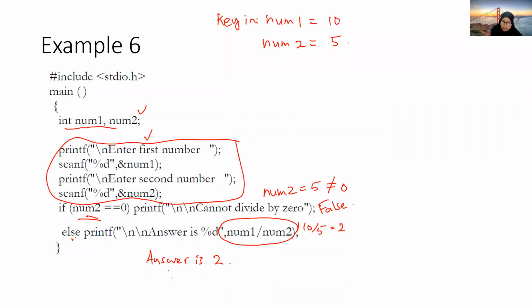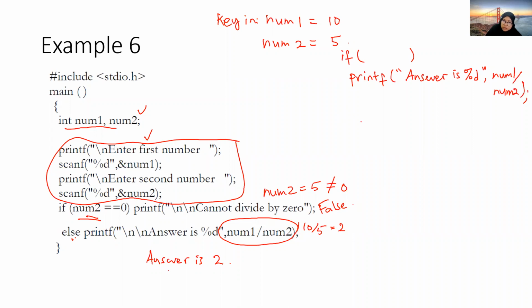Okay, now if I change the statement, I said if my condition and my printf is, answer is num1 divided by num2.